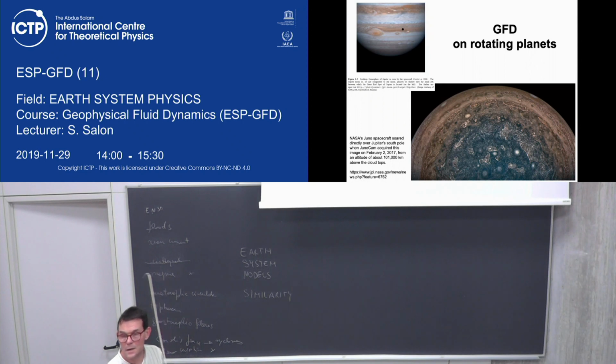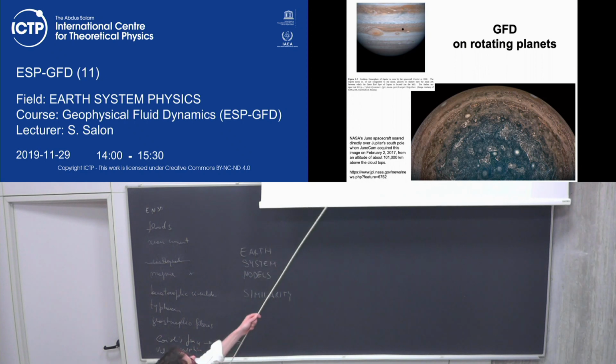So if someone worked with the dynamo effect inside the planet Earth, the one which creates the magnetic field in our planet, that can be done with GFD. But also, as I said, we can study phenomena on other planets. So this is the Cassini spacecraft in 2000.